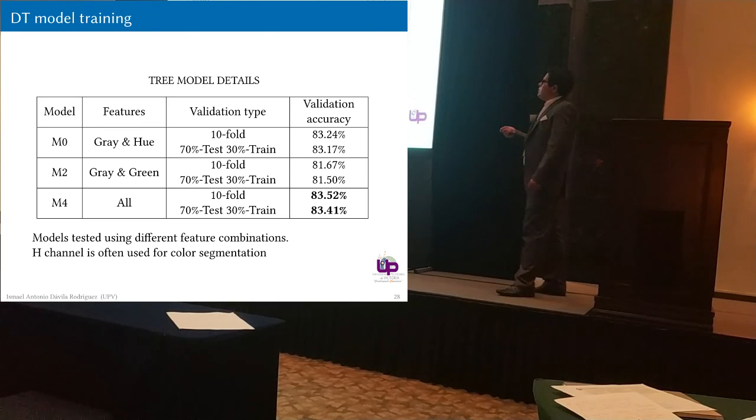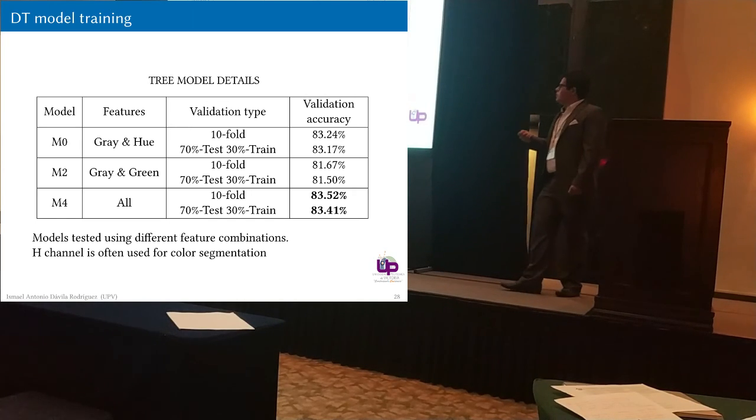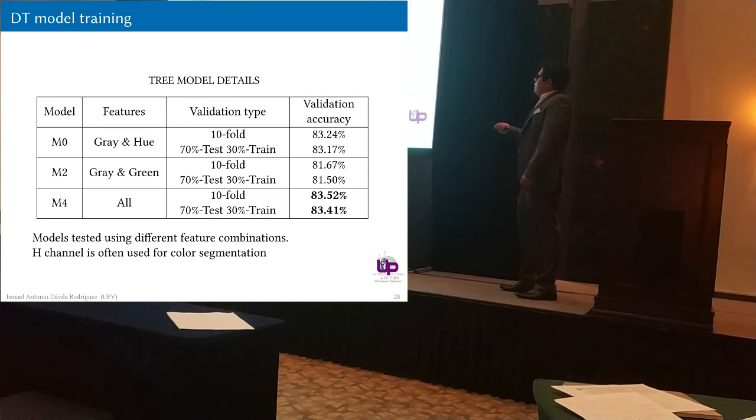The first one was gray and H. Why the H channel? Because it's known that the H channel is good for colors. Then gray and green to test its performance, and then all the features.